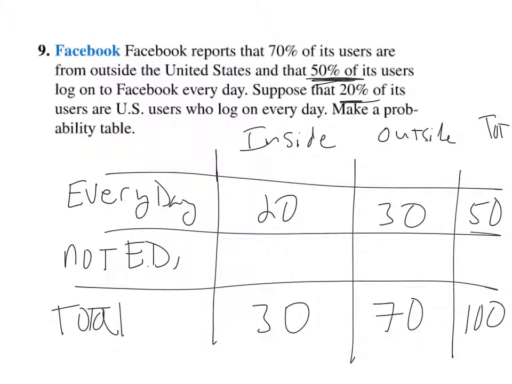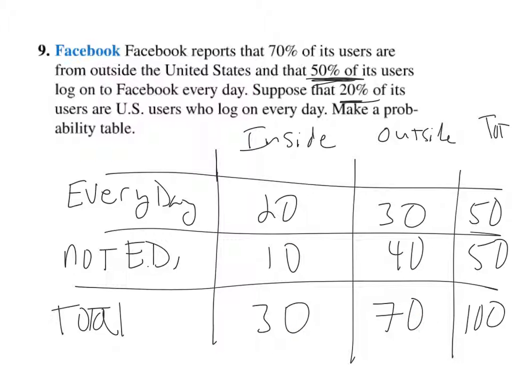And so now to get the rest of this information filled in, we know that 20% of their users log on every day inside the U.S., and there's 30% inside overall, that leaves that to be 10, and that would have to be 40 there, and that would have to be 50% there. And if we check our arithmetic, that adds up to 50, that adds up to 50, that adds up to 30, that adds up to 70, so we're good.